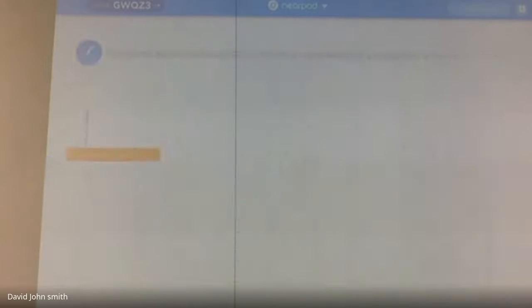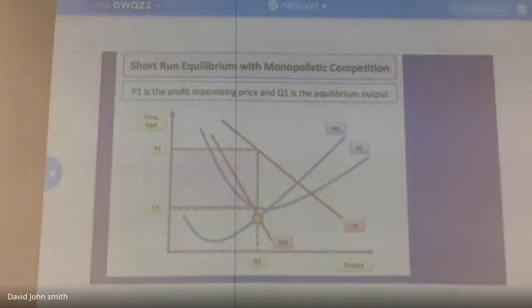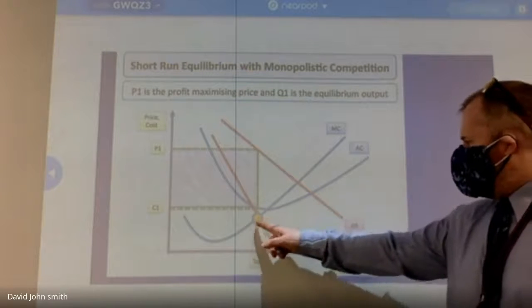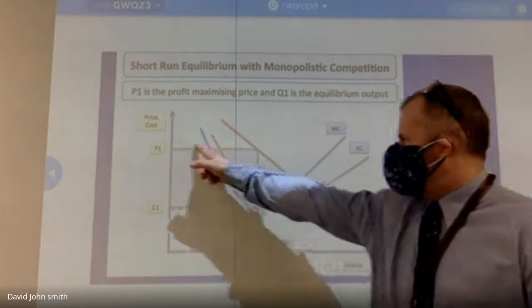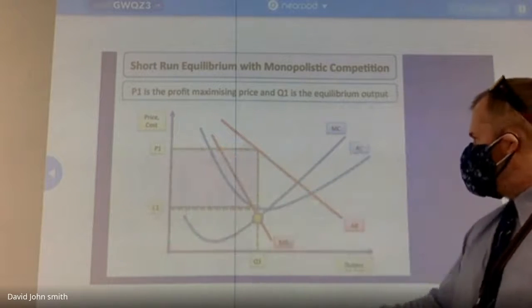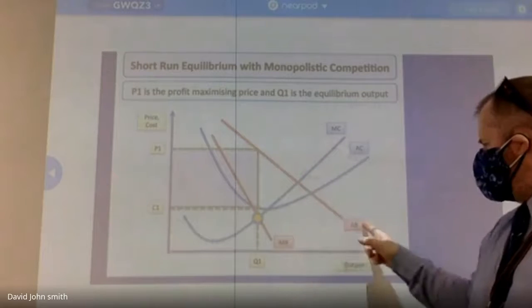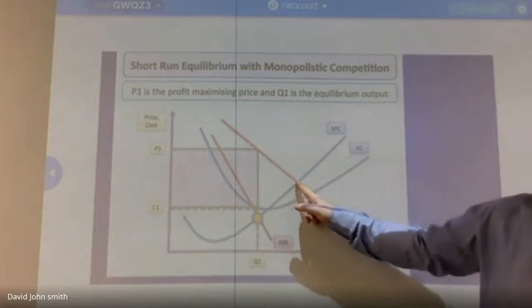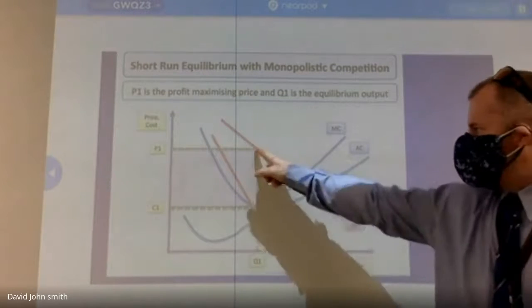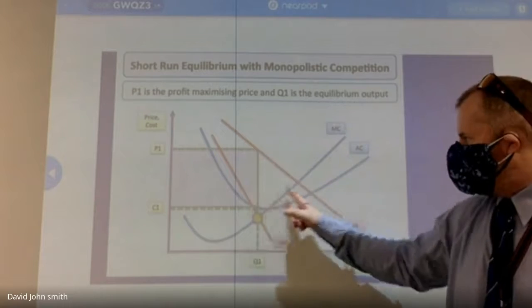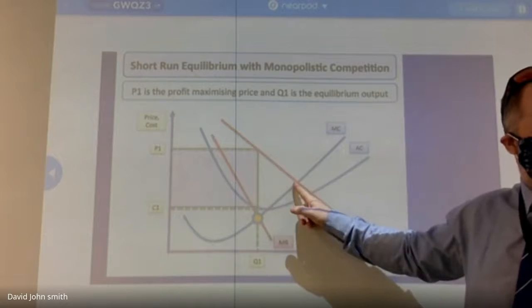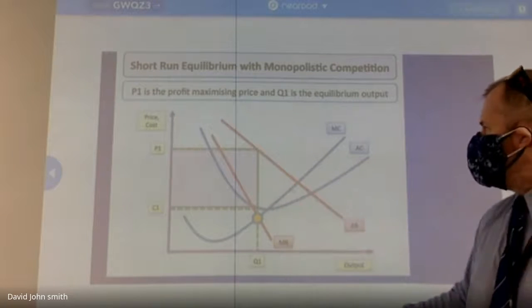Okay, so they're making a profit. This is their profit maximization here. Supernormal profits, supply, demand, here. So there's your triangle pointing, deadweight loss. Productively efficient, well, not far off.